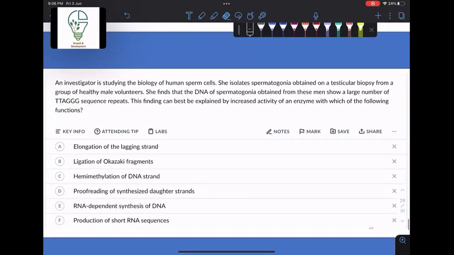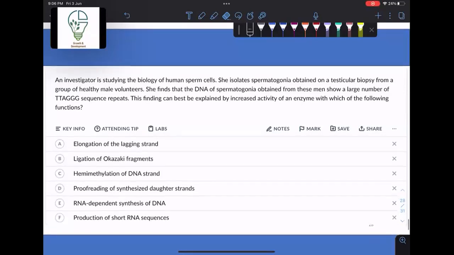Okay, so let's go on to some questions. All right, so let me read this for you guys. There's an investigator who is studying the biology of human sperm cells. She isolates spermatogonia obtained on a testicular biopsy from a group of healthy male volunteers.